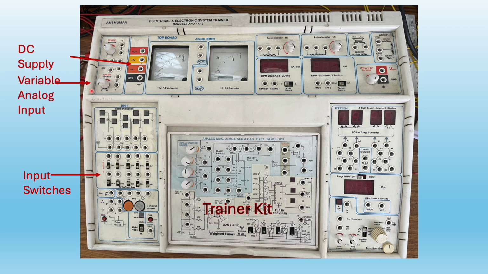Then we have this variable analog input knob. With the help of this knob, analog input can be varied and it can be connected using these 2 points here. And this is the voltmeter which is used to display the analog voltage. So when we are converting analog signal to digital signal, the input is given by this knob and the output is observed on the LEDs which are available here, or even they are available in the kit as well.